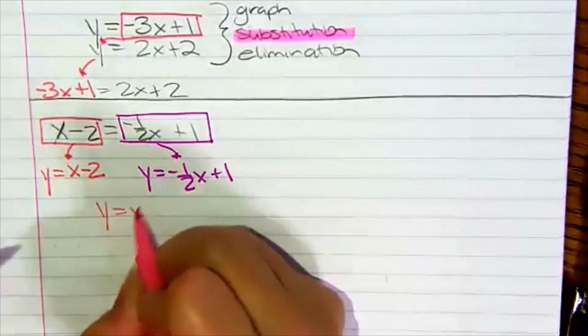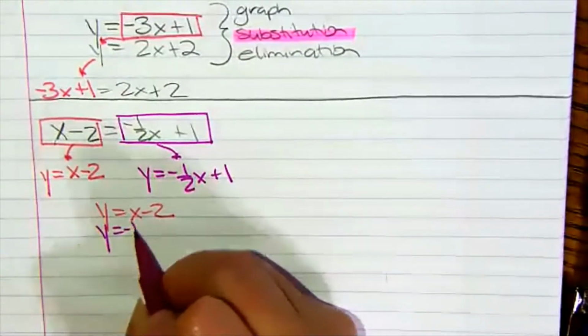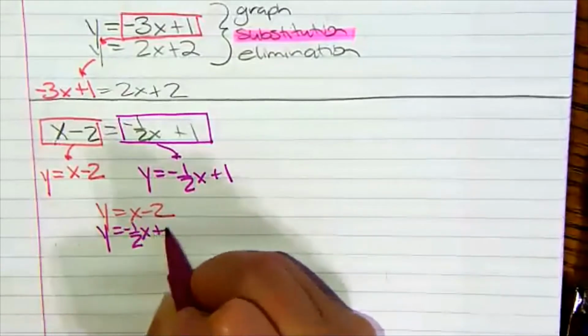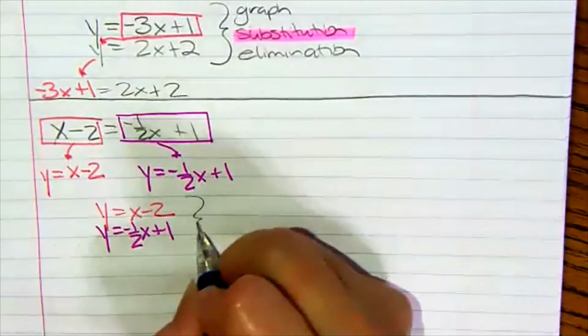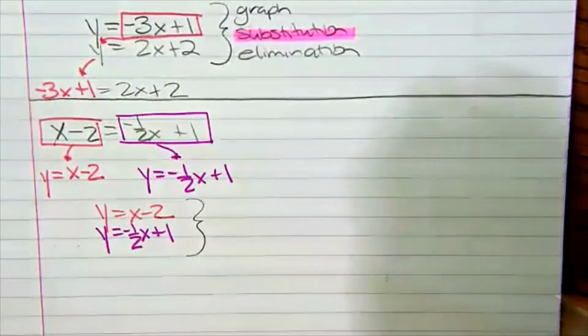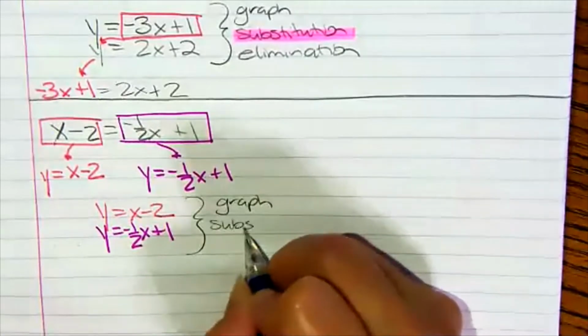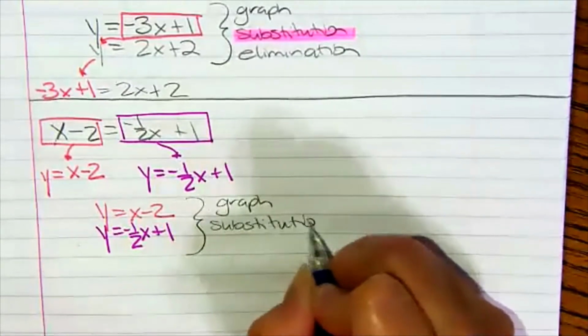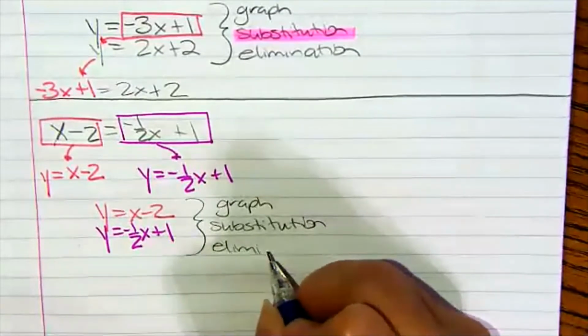We now have a system of equations that we know how to solve. We know that we can solve this system of equations with a graph, by substitution, or by elimination.